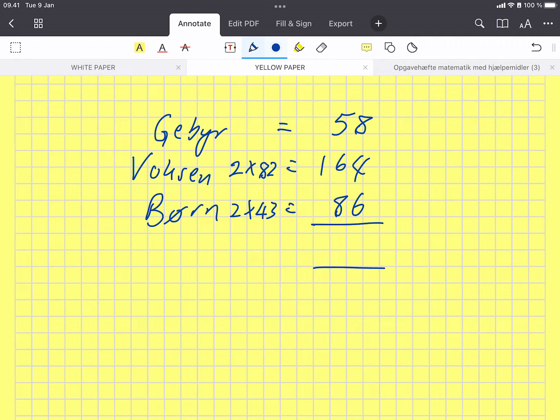So that's the total charge if I add those up. So 10, 18, 8 carry 1, 6, 8, 14, 19, plus the 1 is 20, 0 carry 2, 1 plus 2 is 3. So we've got the answer of 308.